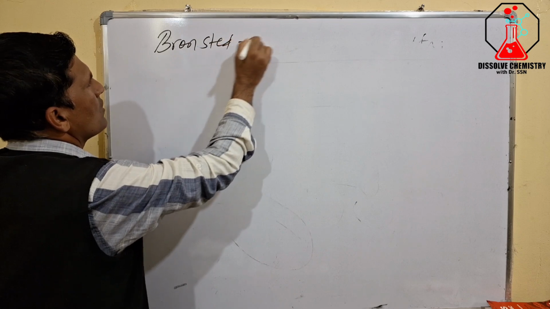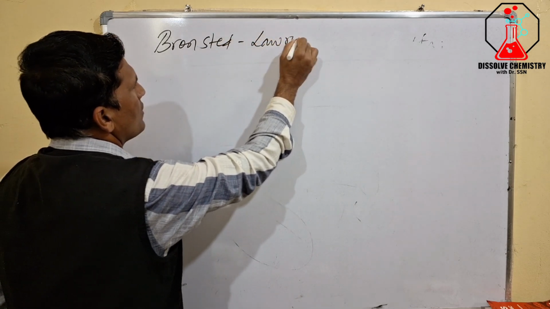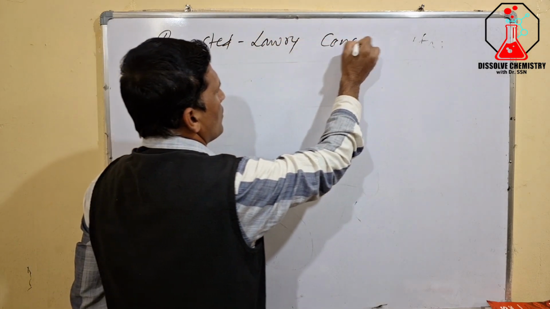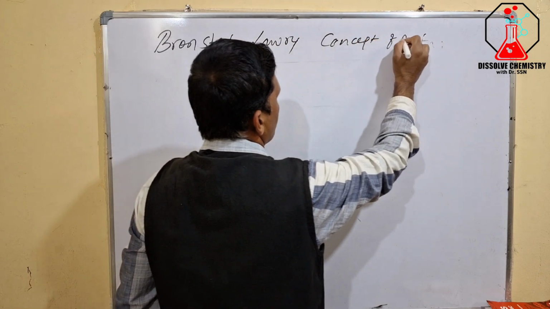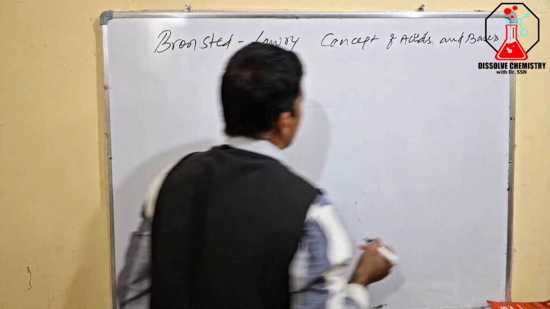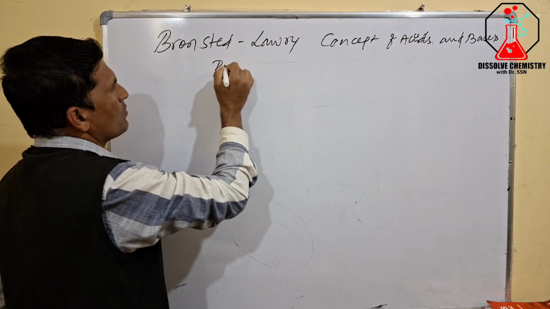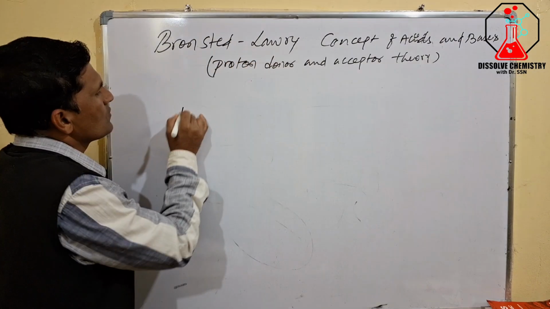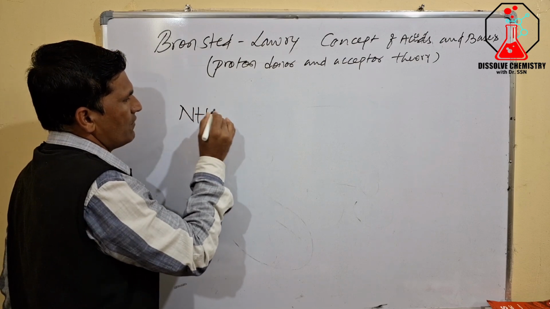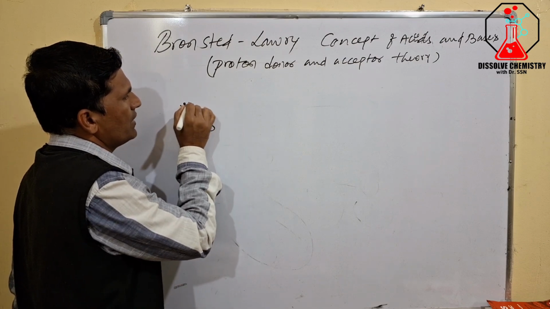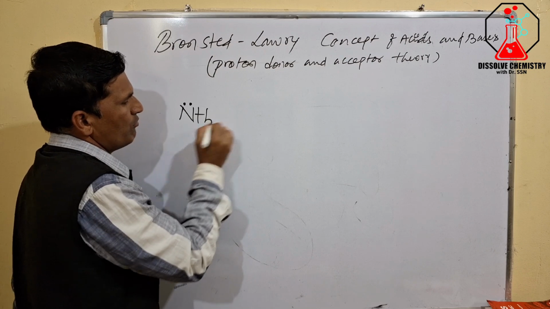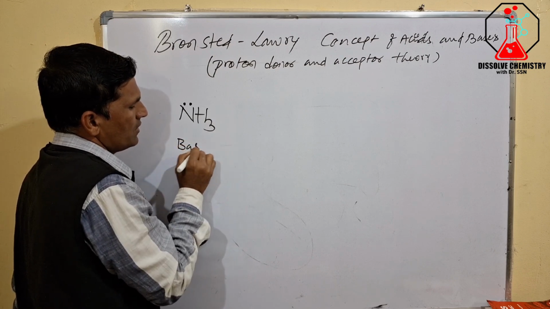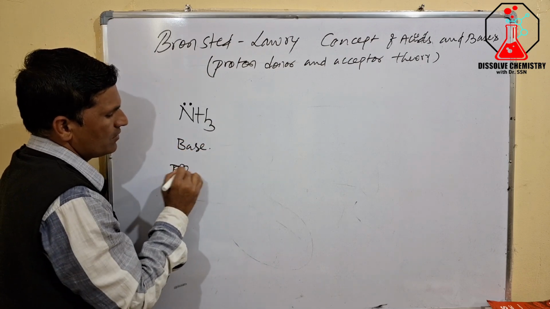The Bronsted-Lowry concept of acids and bases is also called the proton donor acceptor theory. NH3, ammonia, we will take first. It is a base because it will accept the proton.